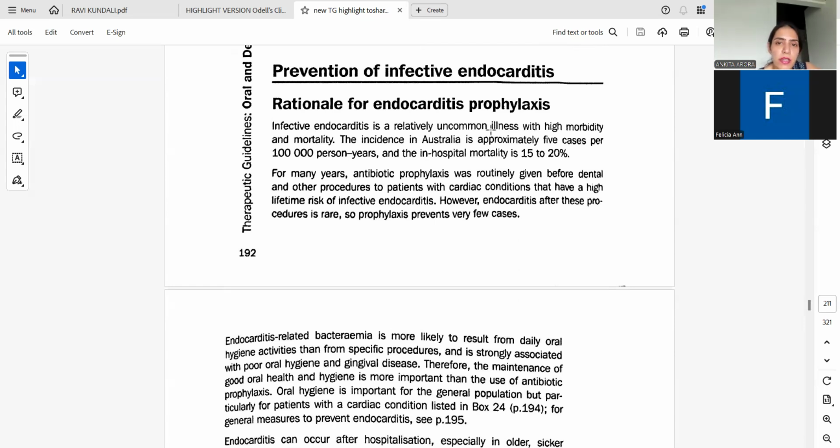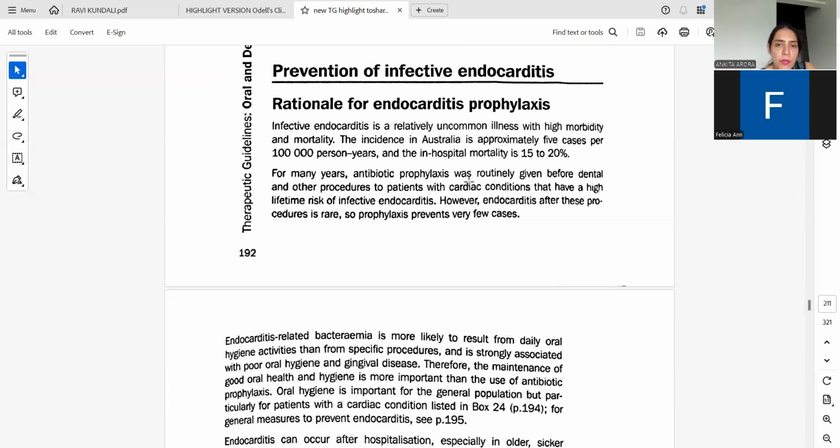It is a relatively uncommon illness with high morbidity and mortality. So prevalence is less, it's not very common, but if it happens, it has high morbidity and mortality. Incidence is 5 cases per million. And in terms of hospital mortality, it is 15 to 20%.